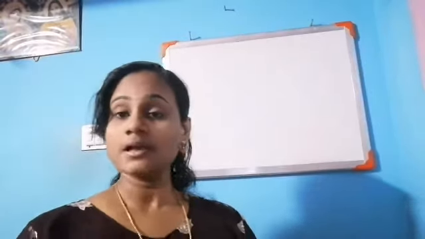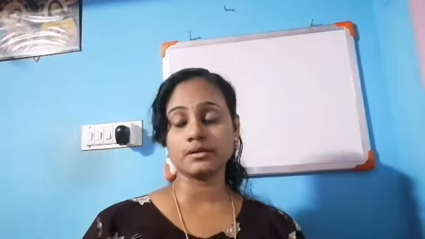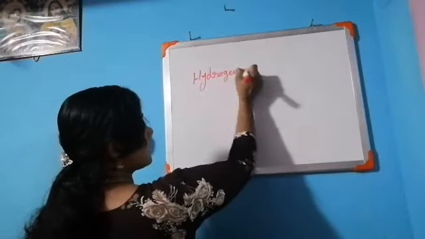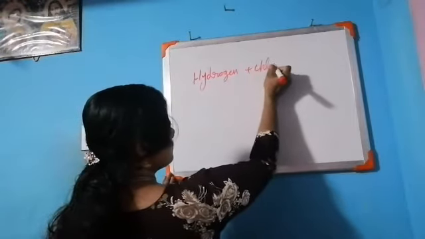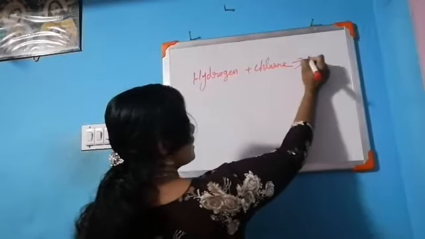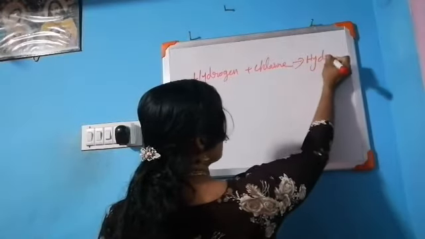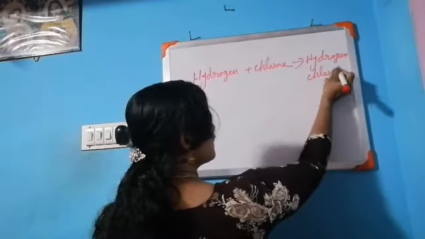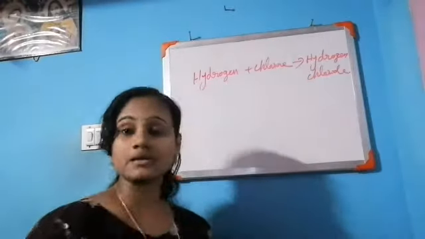One more example. Hydrogen reacts with chlorine to produce hydrogen chloride. Hydrogen is a diatomic molecule.